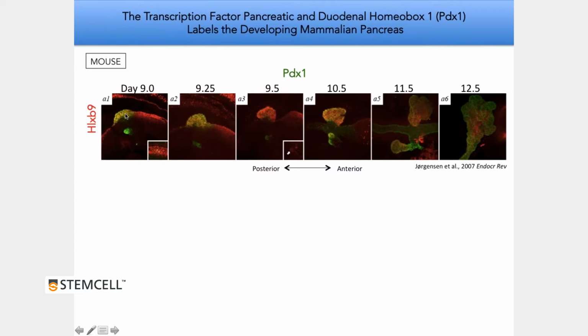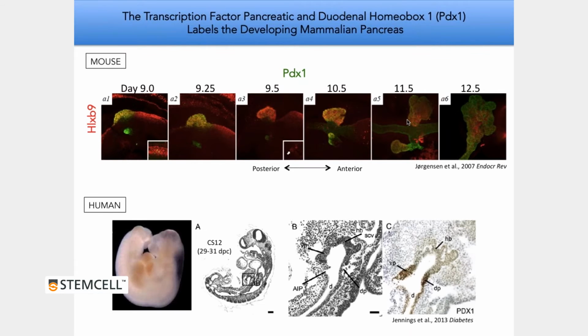The PDX1 protein beautifully labels the early dorsal pancreatic bud and the ventral pancreatic bud.